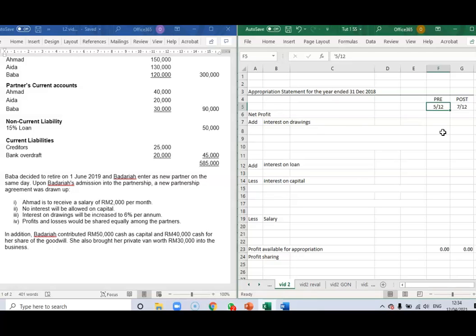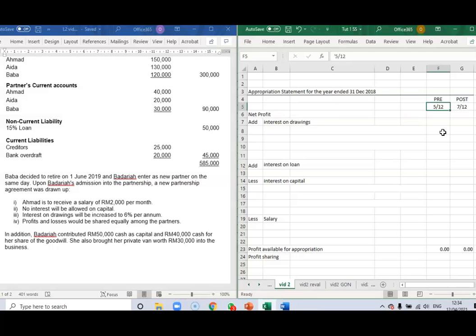It says here 1 June, so the post must start from June: June, July, August, September, October, November, December. So it's 7 months. Do not make a mistake. That stupid mistake will make you lose half of the marks later on. So do not make a mistake of pre months and post months.